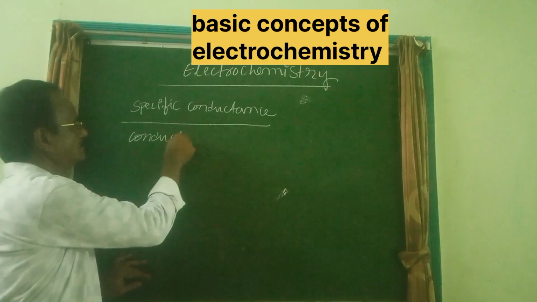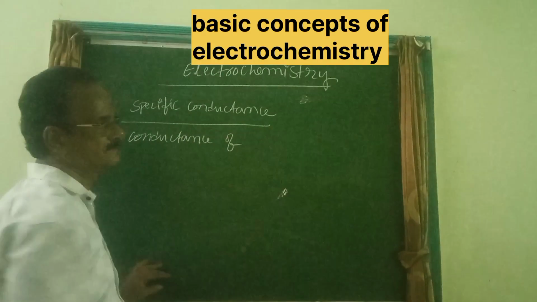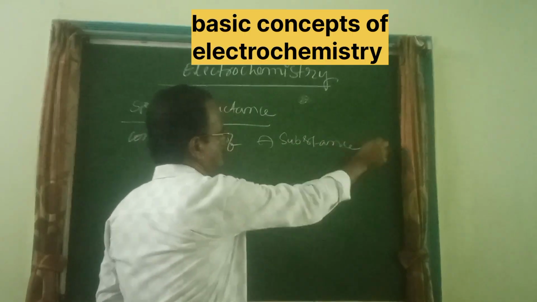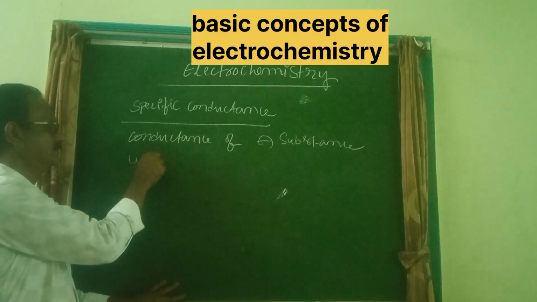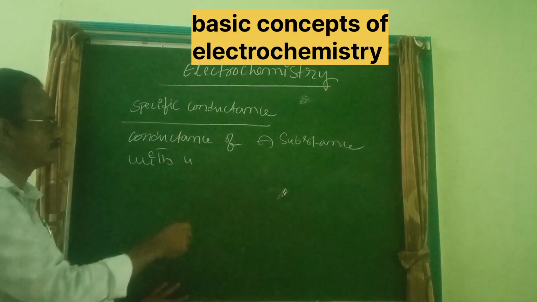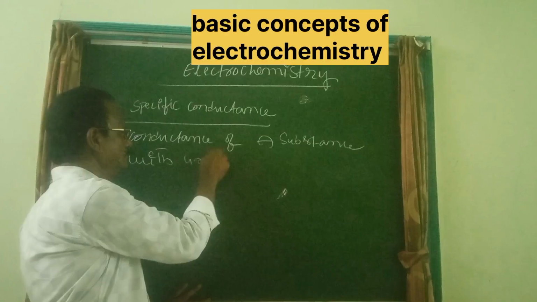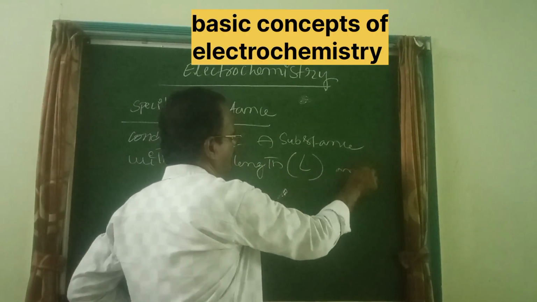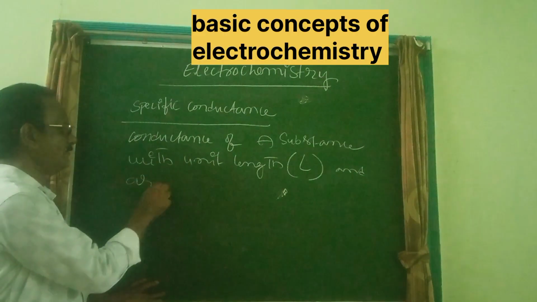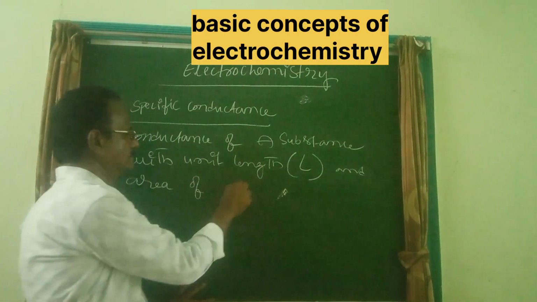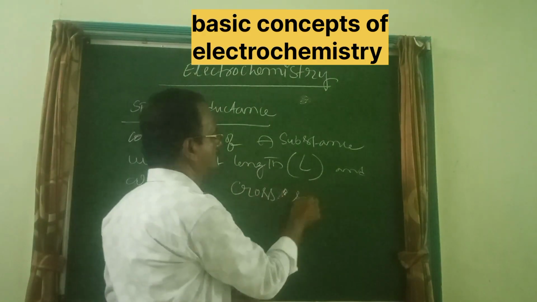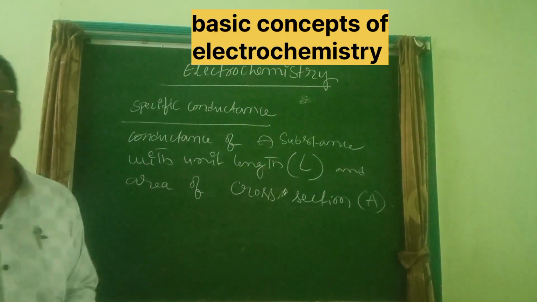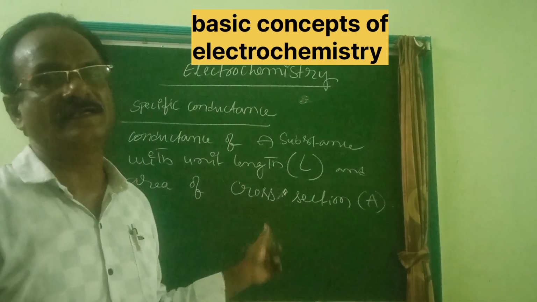Conductance of a substance with unit length L and area of cross section A is said to be specific conductance or conductivity.